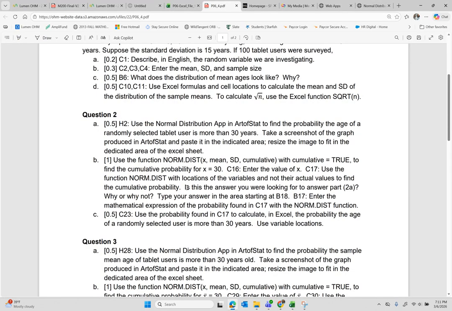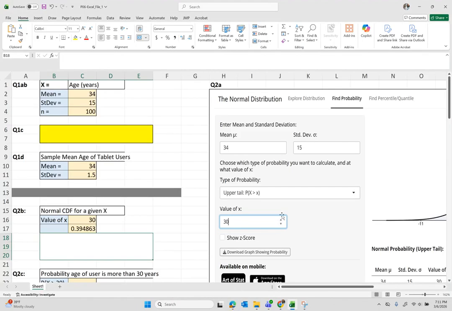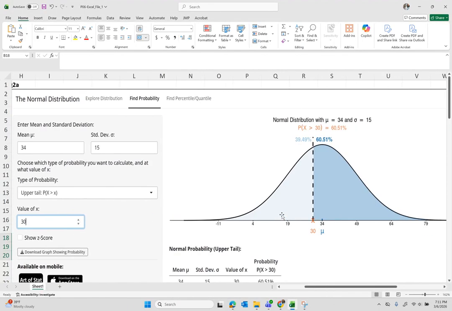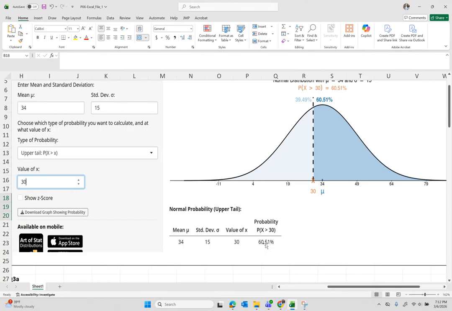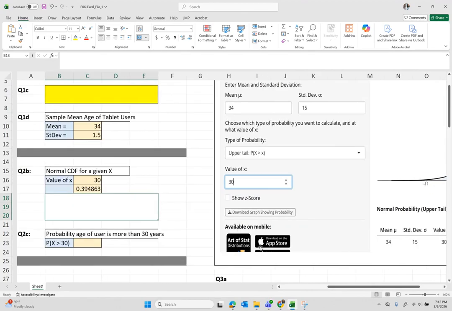After that, it says, is this the answer we were looking for to answer part 2a? When we used Art of Stat, the probability that we found was 60.51%, or 0.6051.